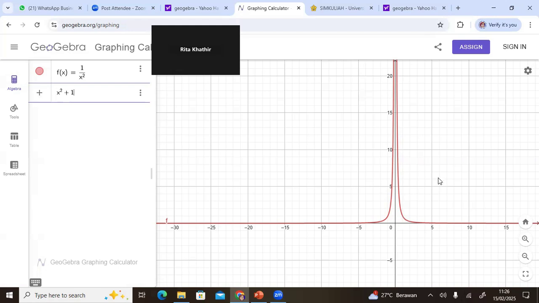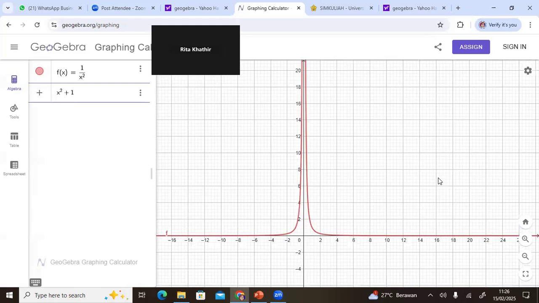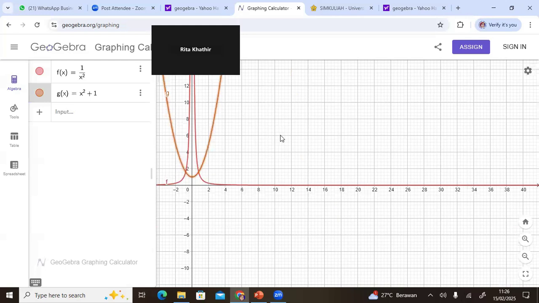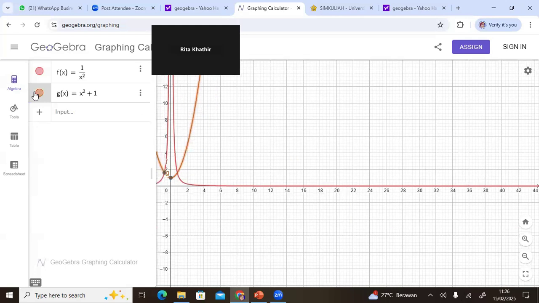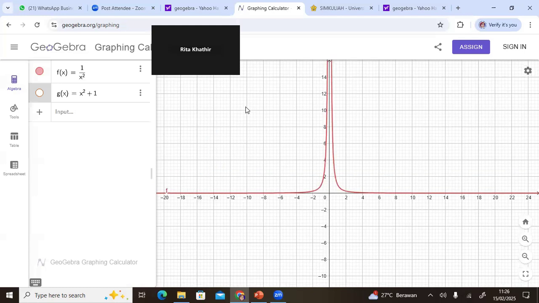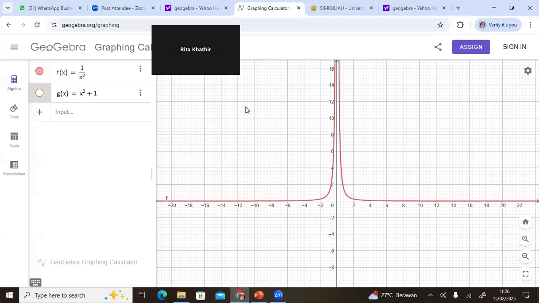What you can learn from this chart is that it has an asymptote. What is the asymptote of this? X approaches 0. Why?